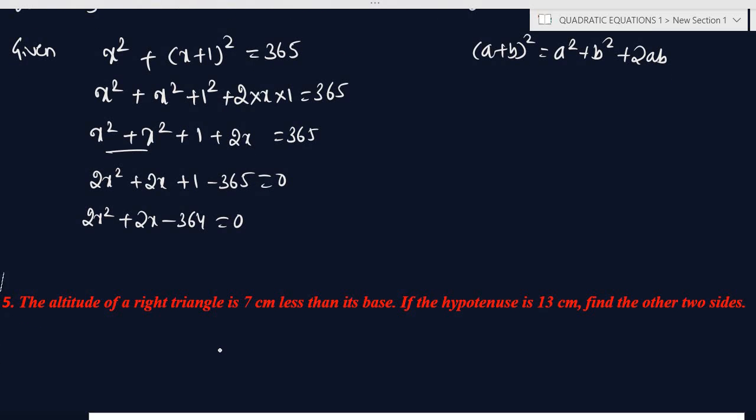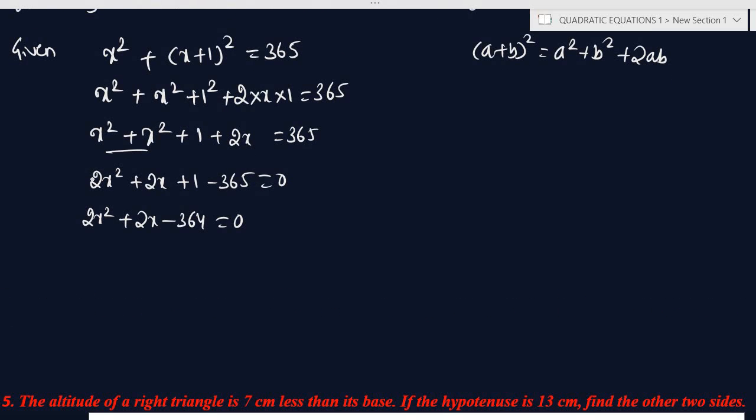Now, what happens? Can I divide the whole equation by 2? What do you get? x square plus x minus 182 is equal to 0.